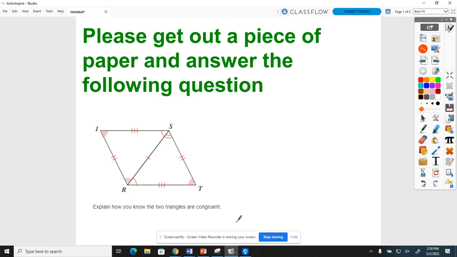Okay, so the arcs are the same. And what else? The little lines on the sides. Lines on the side.